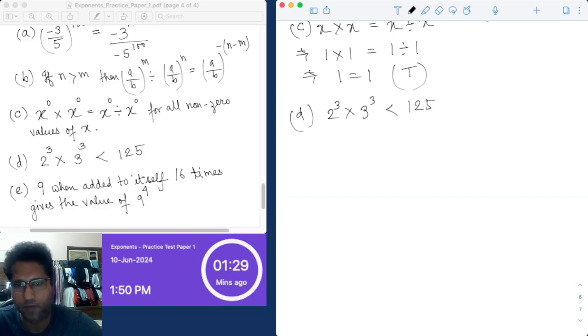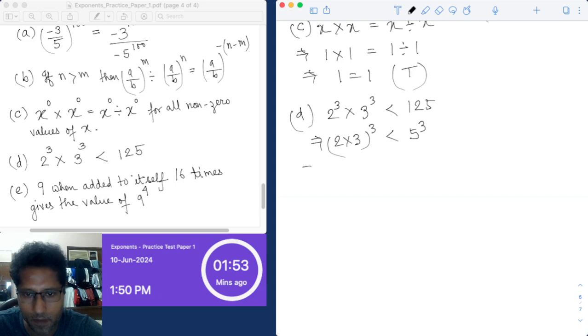We have to make both numbers in exponential form, and then compare the base and the exponents. On the left hand side, 2 cube multiplied by 3 cube is nothing but (2 into 3) whole raised to the power cube. Now 125 is 5 cube. So it is saying that 6 cube is less than 5 cube.